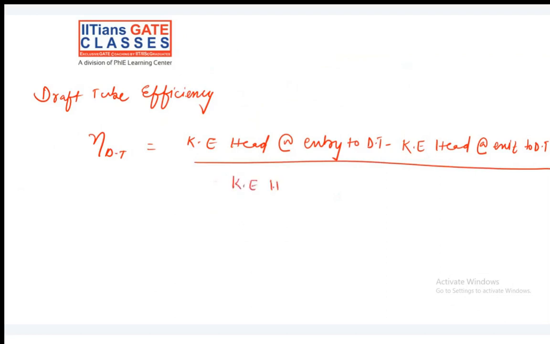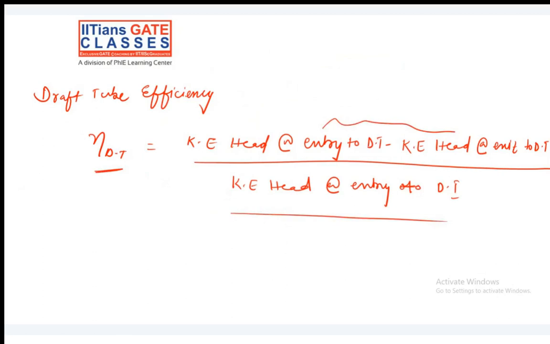The kinetic energy head at entry to the draft tube. This is the efficiency. This tells you the amount of energy which has been extracted in the draft tube, and what was the total entry? This one.